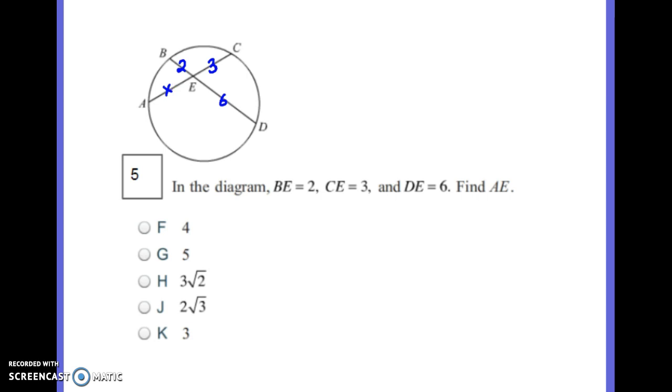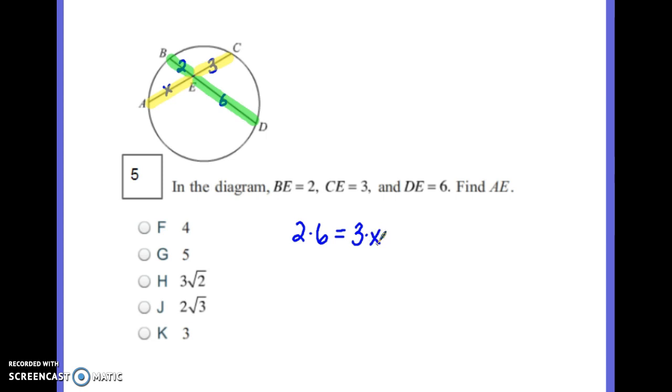So, for example, when you take the two portions of this segment and multiply those together, so that would be 2 times 6, that will end up being equal to the matching portions of the other chord. So you've got the portion that's labeled X and the portion that's labeled 3. So 2 times 6 will be equal to 3 times X, or 3X.